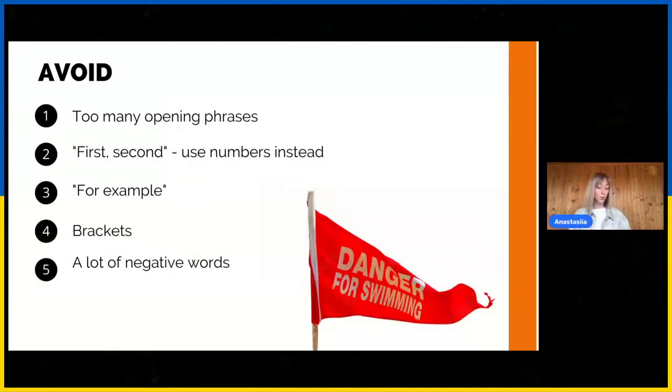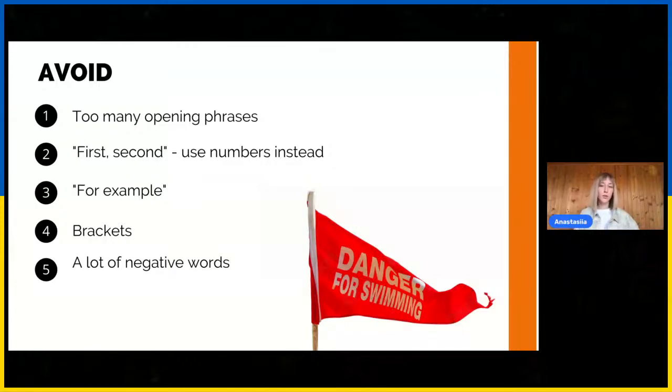So there are some things which we need to avoid. First of them is too many opening phrases. It's okay if we start our email with an opening phrase like I am writing in regard, or thank you for your question, that's what I think, or that's what we are going to do, and so on.